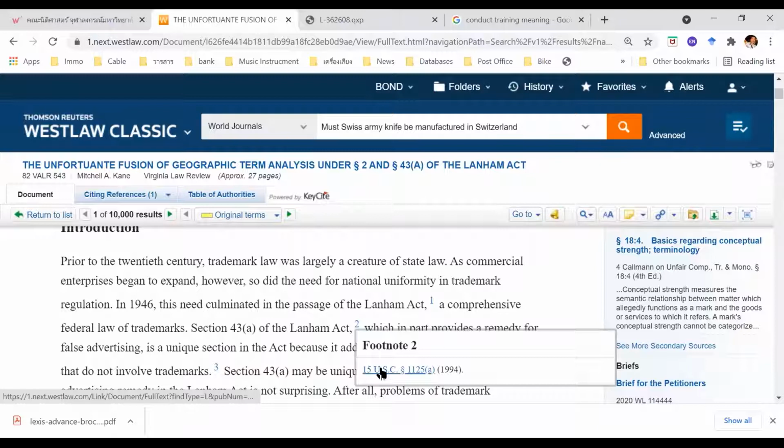It's ready for you to link to the particular law. So you just click on this: Title 15, United States Code, page number 1125. You can click directly to that particular page, on that title. This means the link to the primary source that I told you earlier related to your topic.